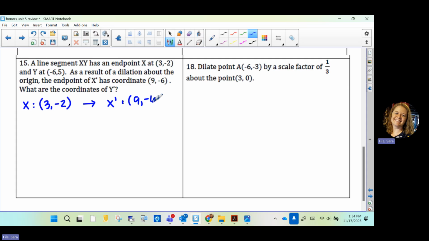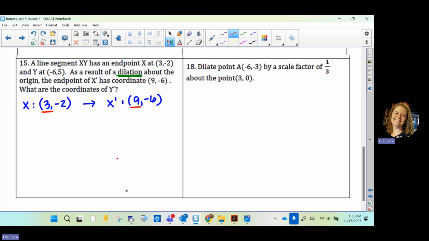I need to figure out the rule, and it tells us this was a dilation. So that means I multiplied by something, some scale factor. So I'm trying to figure out what that scale factor is. So how did 3 become 9? 3 times what is 9? 3 times 3.